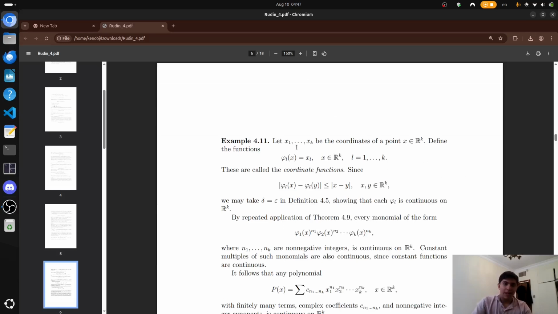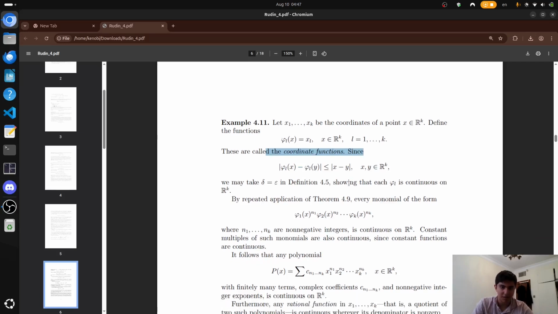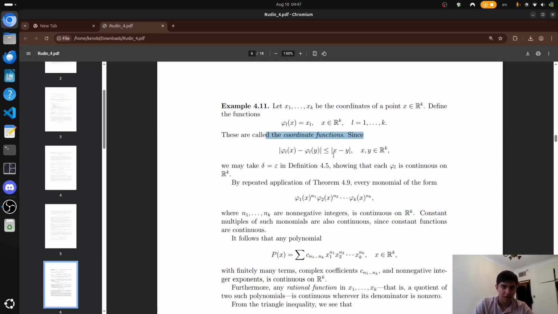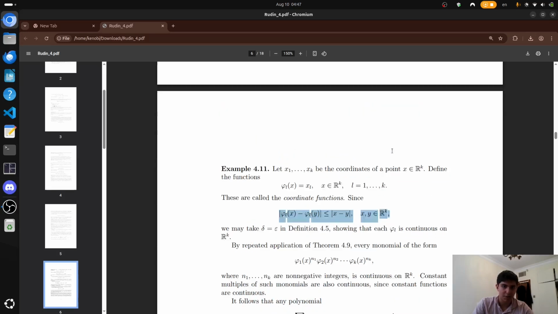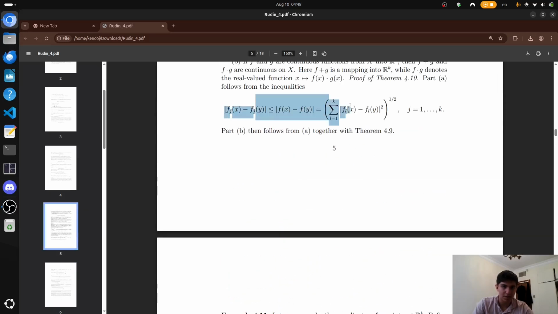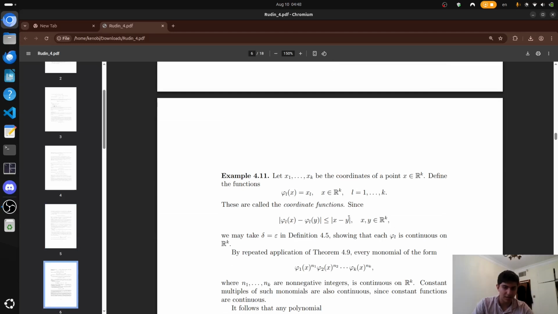So now we have the following example. Let x1 to xk be the coordinates of a point x in Rk. Define the functions phi i of x equals xi. These are called the coordinate functions since the absolute value of phi i of x minus phi i of y is less than or equal to the norm of x minus y, because it's component wise, right? We just showed that when you take the components, the difference is going to be less than or equal to the difference of the actual vectors.